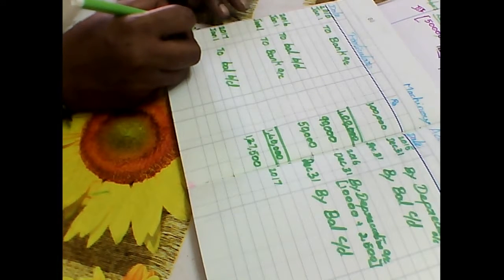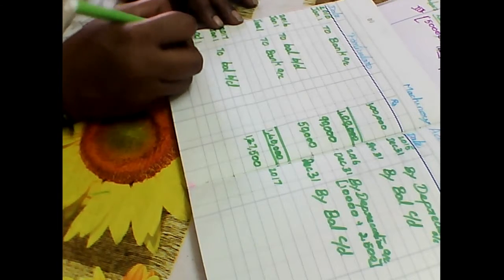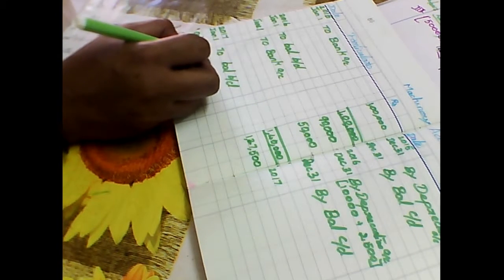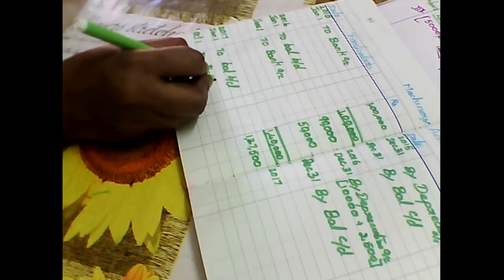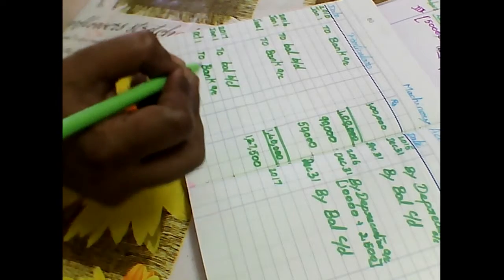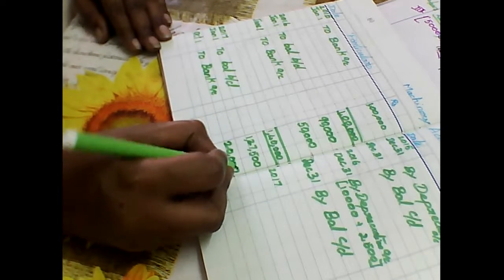The date first we have to make. It is on October 1st, purchased to bank account. Amount is 20,000.